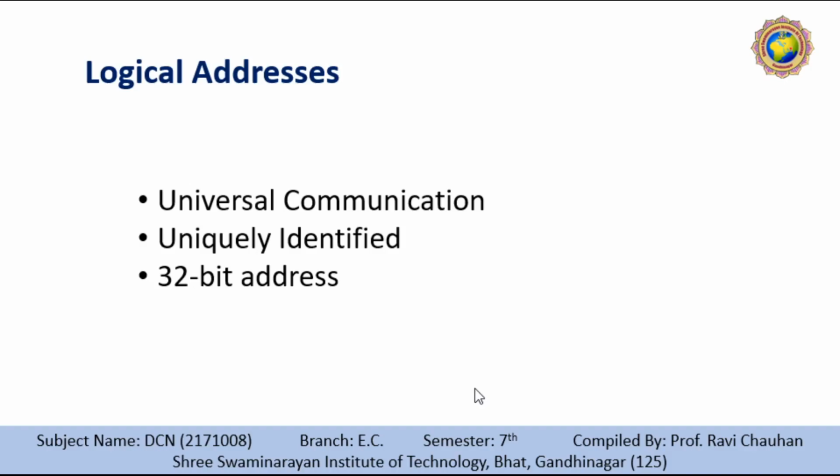Physical addresses are not adequate in an inter-network environment where different networks can have different address formats. A universal addressing system is needed in which each host can be identified uniquely, regardless of its underlying physical network. So for universal communication, a unique addressing must be required, just like our IP address. The logical addresses are designed for this purpose.